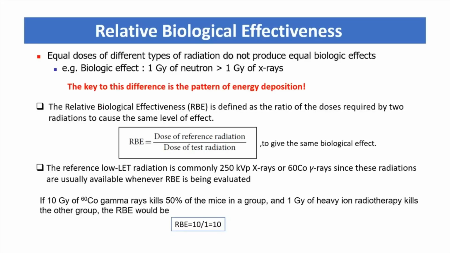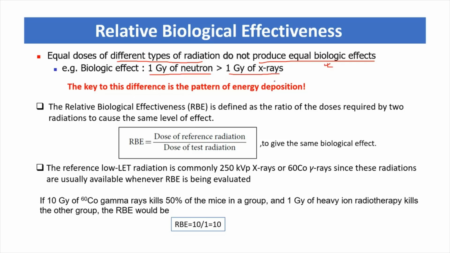Now the next topic of discussion is relative biological effectiveness, and we know that equal doses of different types of radiation do not produce equal biological effect. So it means that if I give 1 gray of neutron to a system and if I give 1 gray of X-ray to a system, it won't produce the same biological effect.